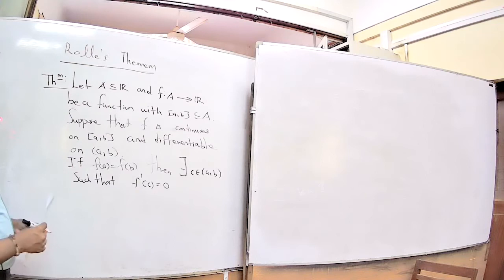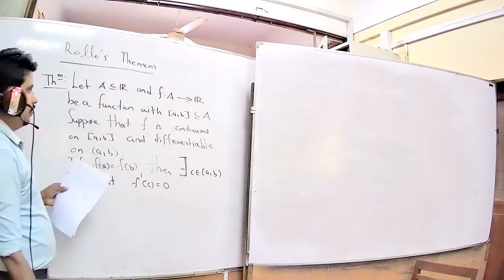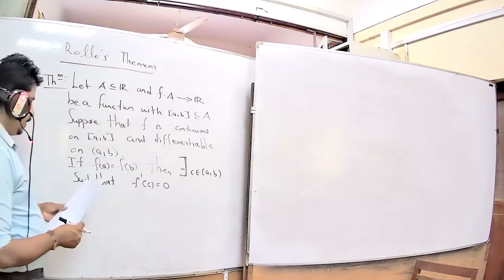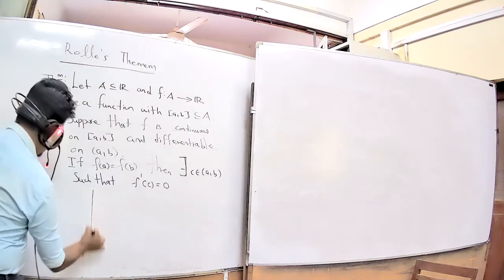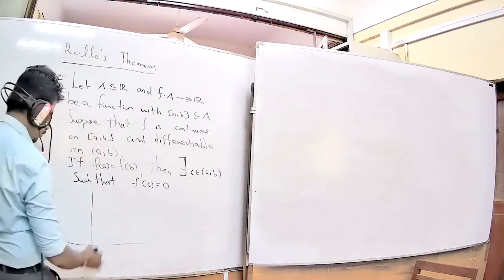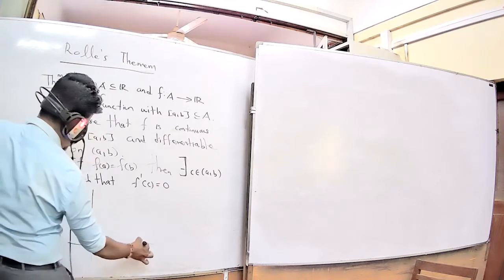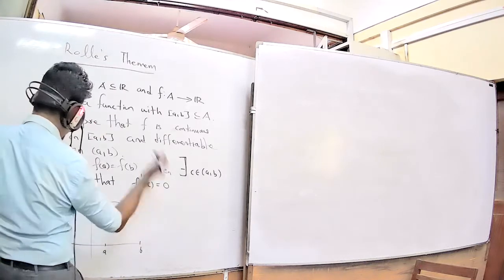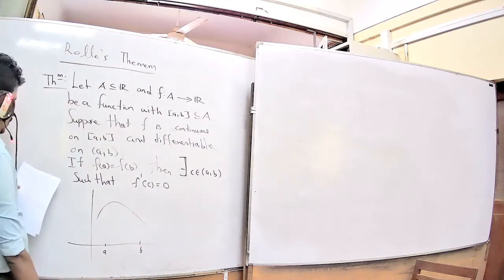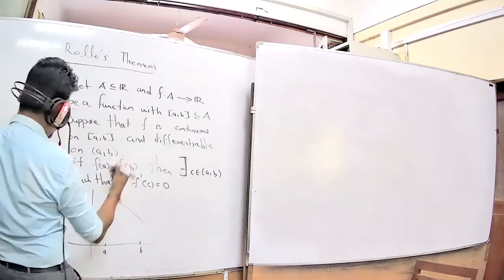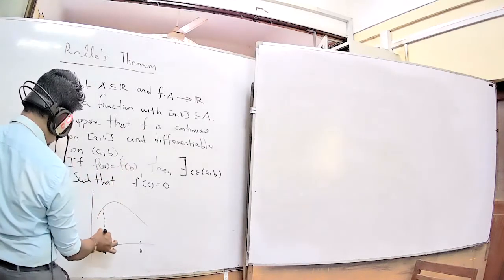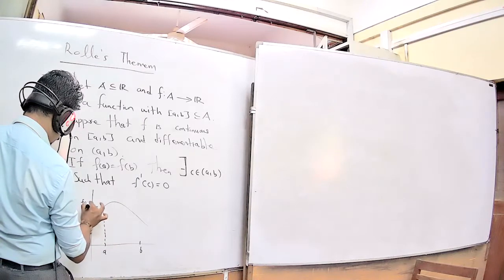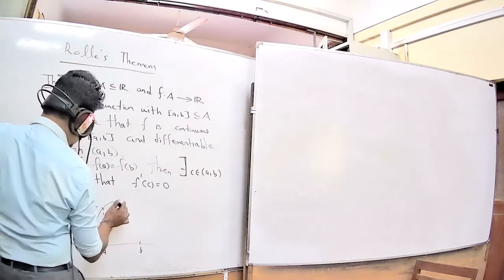From the geometrical representation, we can easily get the idea about this. Suppose you have the points a and b, and you have a graph. The condition is f of a equals f of b. f of a means this point, and f of b means this point.